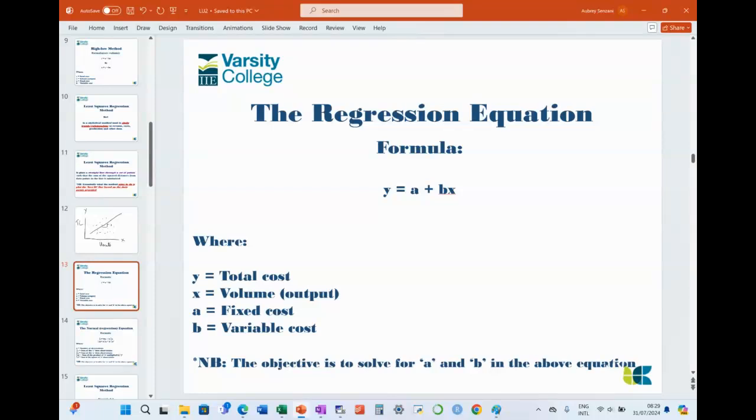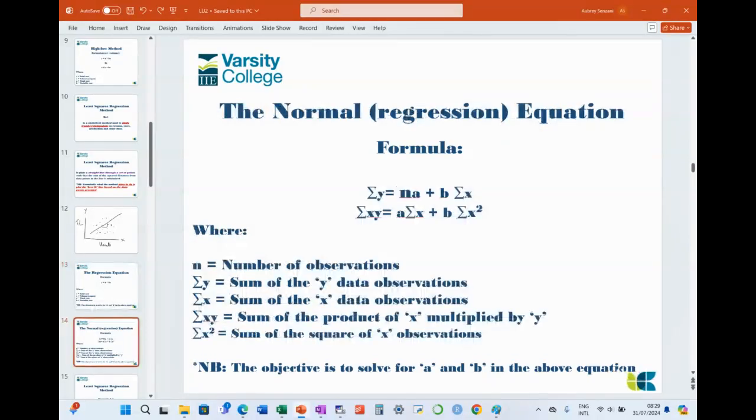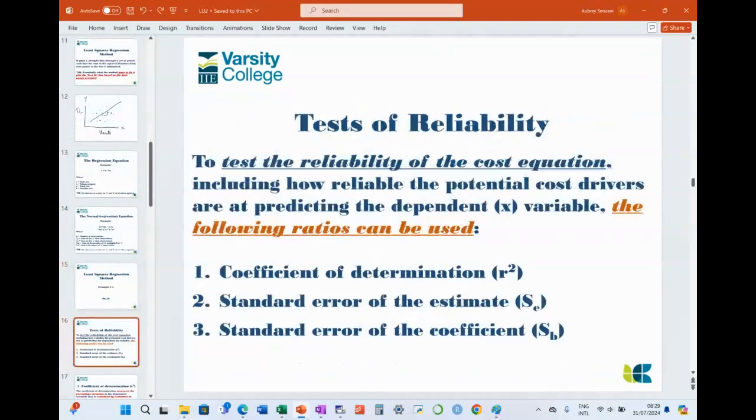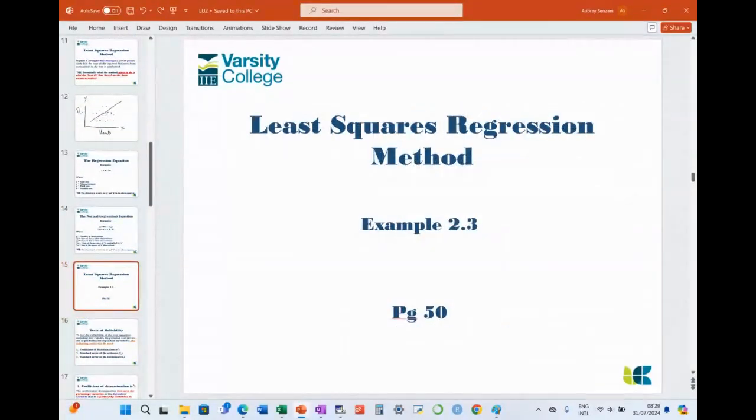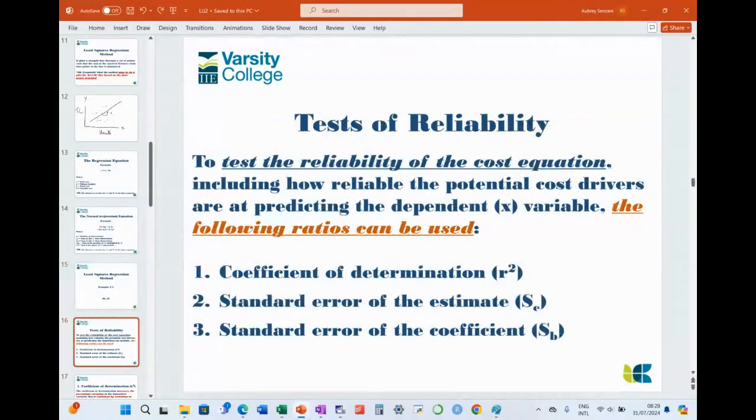So the objective again is to get your fixed cost and your variable cost. Anyway, let's proceed. I don't think I need to get into this. I've spoken quite a bit about this, but there's an example in your textbooks, 2.3. But it's good to know that you are familiar with it. That means that we shouldn't have too many challenges.